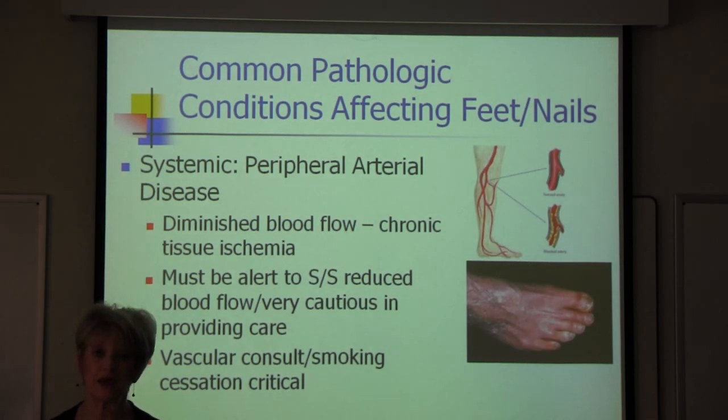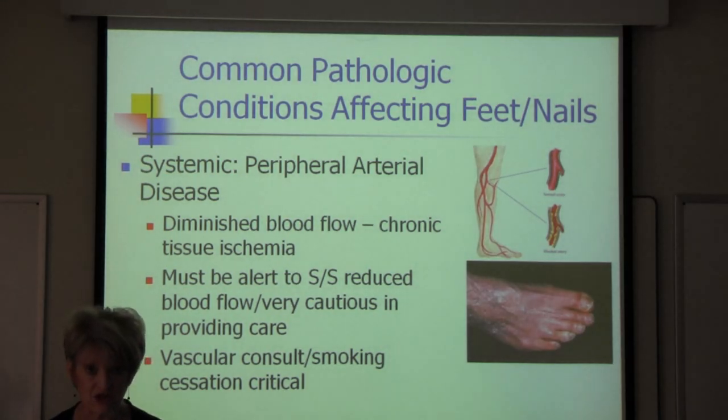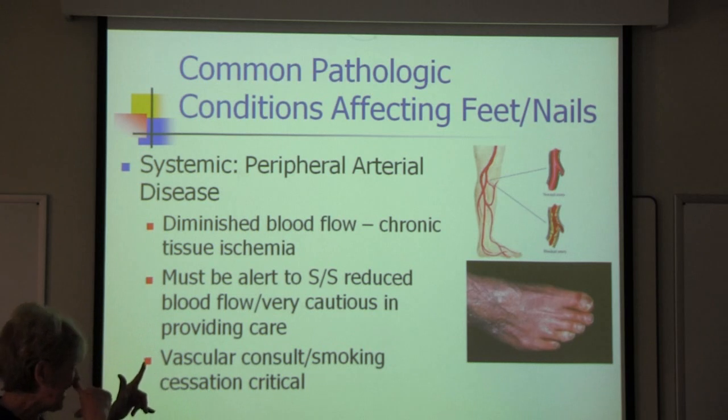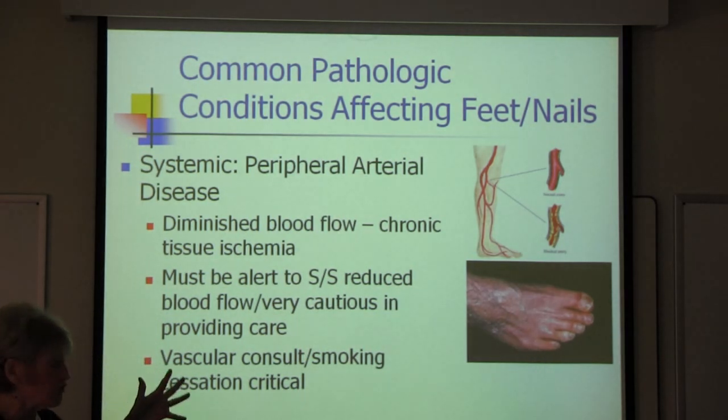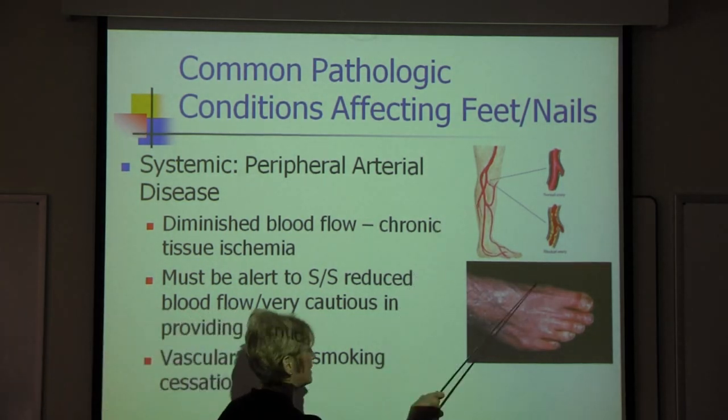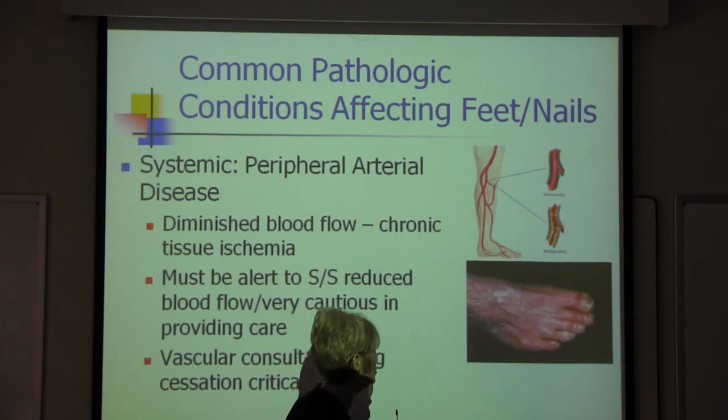And then we're going to look at specific skin conditions, specific conditions of the nail, etc. So looking first at systemic factors, certainly problems with vascular supply, either with arterial perfusion or venous return. Here you see the evidence or the outcomes for a patient who has peripheral arterial disease. So we've already talked, it's critical to have normal perfusion. That's how you get oxygen, nutrients out to the tissues.